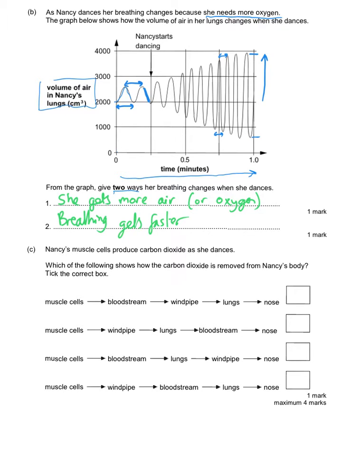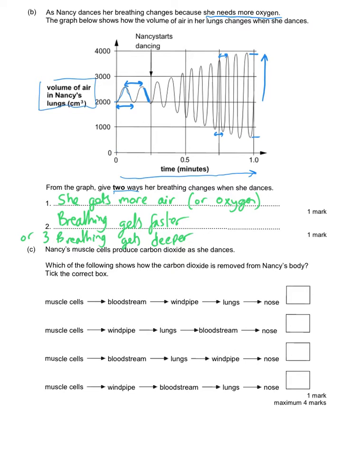Now you could also say that her breathing gets deeper, or she takes bigger breaths. So I'm going to put an extra option on here. You don't have to write this one because it did say only 2, but you might have put this as one of your answers, and I want you to know that that is okay.